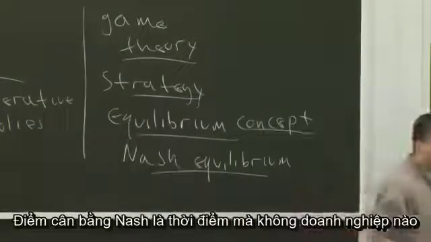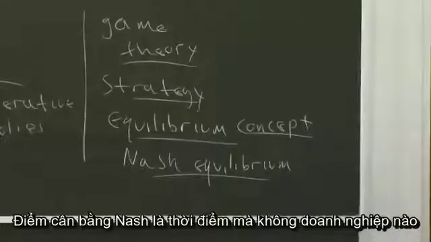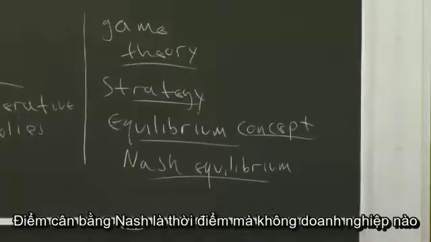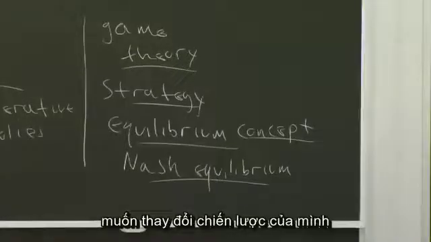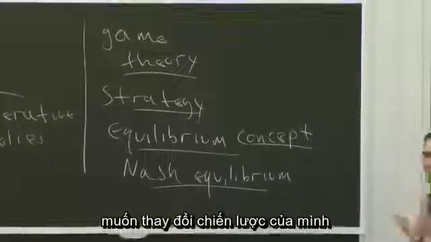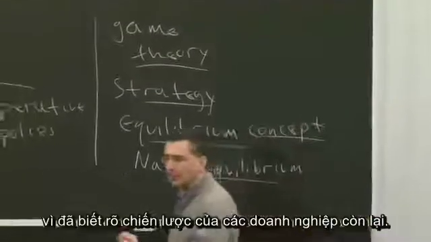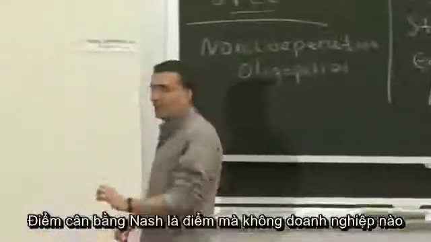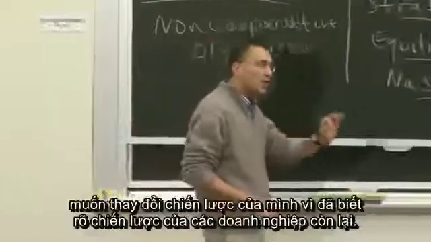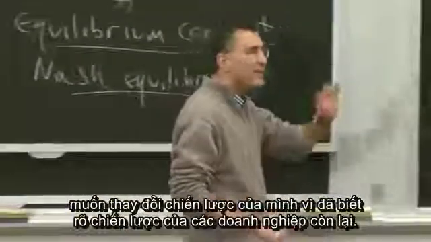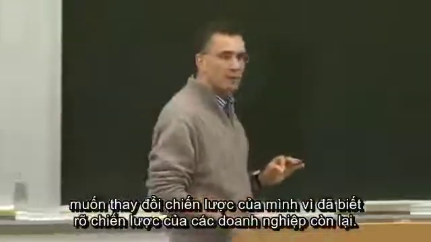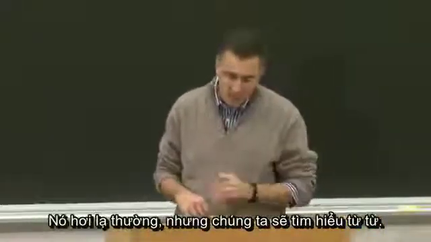A Nash equilibrium, okay, is the point at which no firm wants to change its strategy given what the other firms are doing. Let me say that again. A Nash equilibrium is the point where no firm wants to change its strategy given what the other firms are doing. It's a little bit bizarre, but we'll work it out.